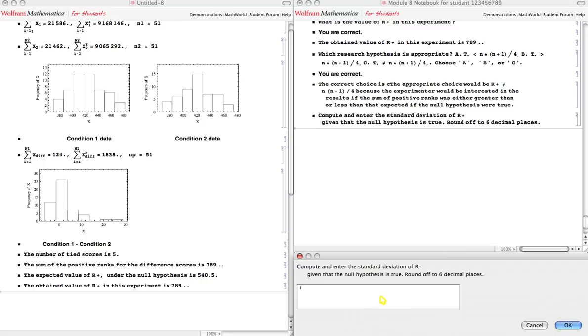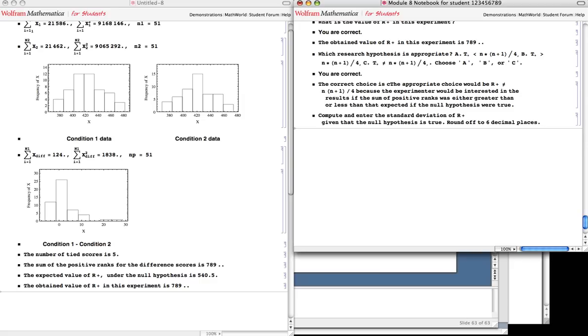Round off to 6 decimal places. So 91.53. Actually, this rounds up to something else. Sorry. Alright, so this should be correct.